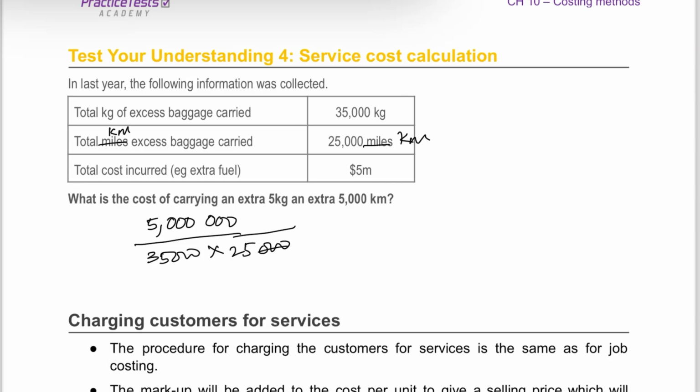The answer we get here will be the answer we are looking for. Approximately this will be 0.0057.